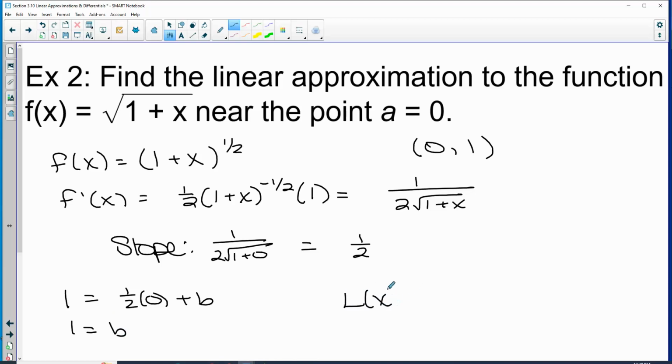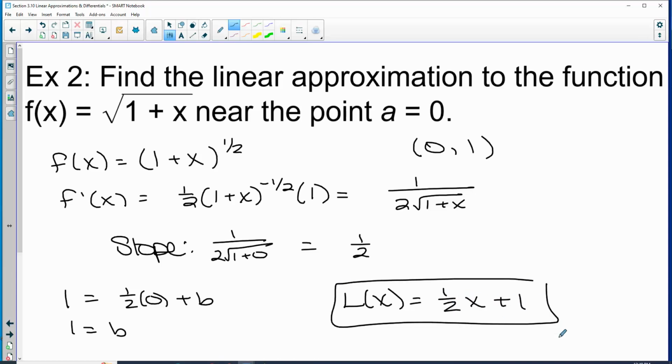So our linear approximation is 1/2 x plus 1. I didn't ask you to calculate any other values there, just to find the linearization. Is that okay?